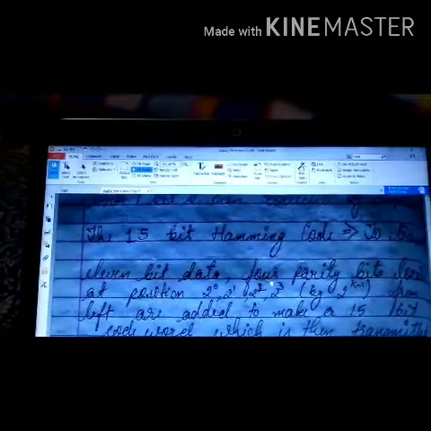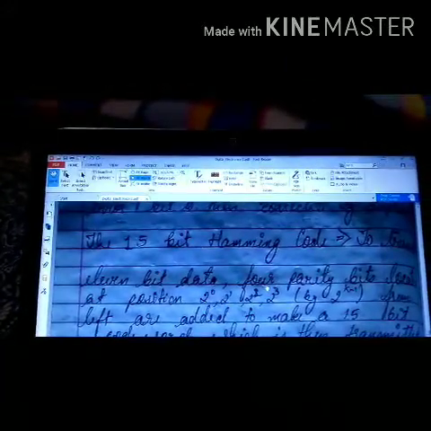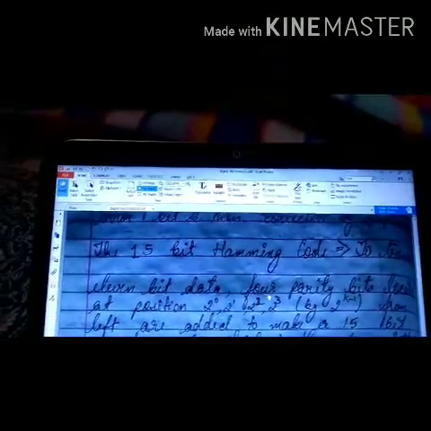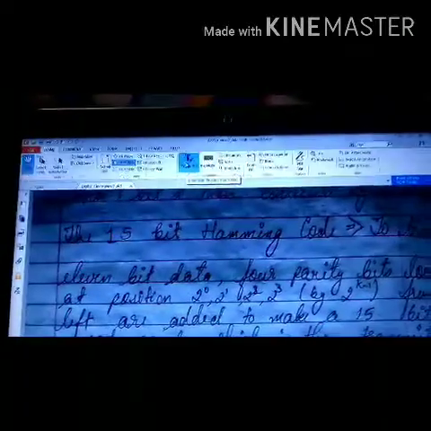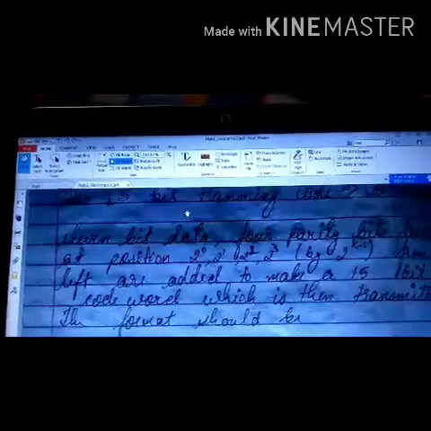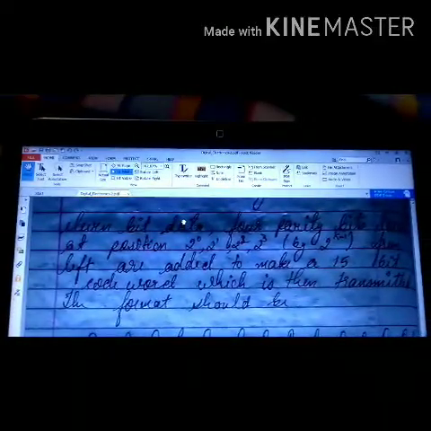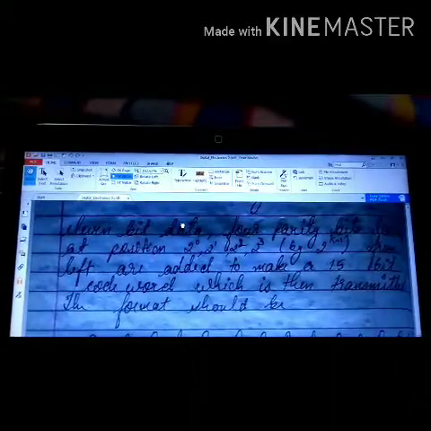The rule is the same, 2 to the power k minus 1, where k is 1, 2, 3 and so on, and these are counted from LSB towards MSB.